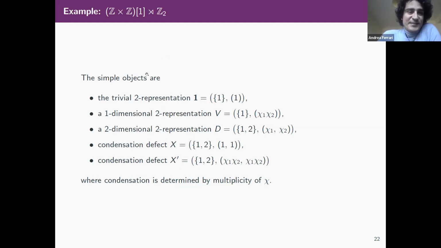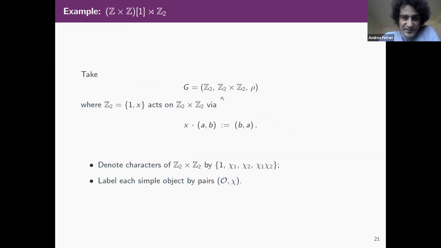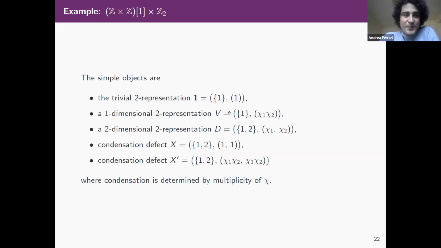So we can list all the simple objects that we have. We have things where we have the trivial orbit in Z2 and things where we have the orbit Z2. Moreover, we remember that we are, in addition, looking at characters for the one-form part, which is on top. Doing this classification exercise, we get a collection of simple objects.